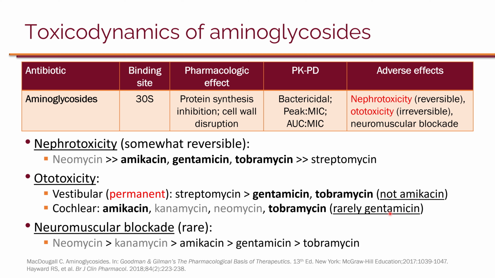So gentamicin and streptomycin mostly cause vestibular toxicity as opposed to cochlear toxicity. Now, there is some genetic component to this, so there are certain pharmacogenomic characteristics that essentially make certain patients more susceptible to these toxicities.